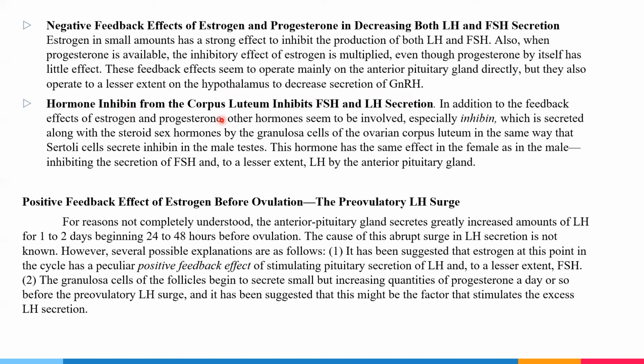Hormone inhibin from corpus luteum inhibits FSH and LH secretion. In addition to feedback effects of estrogen and progesterone, other hormones seem to be involved, especially inhibin, which is secreted along with the steroid sex hormones by the granulosa cells of the ovarian corpus luteum, in the same way that Sertoli cells secrete inhibin in the male testis.